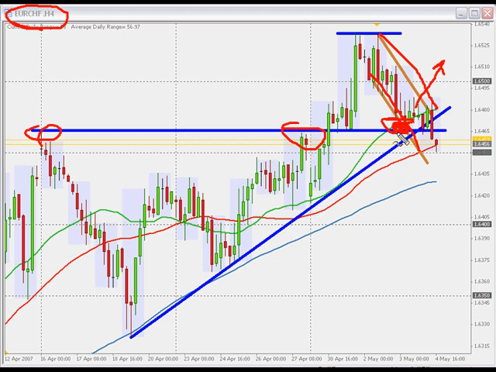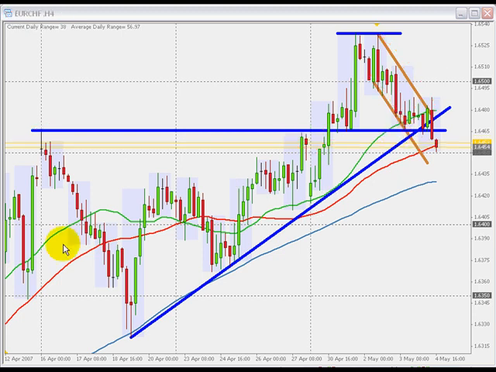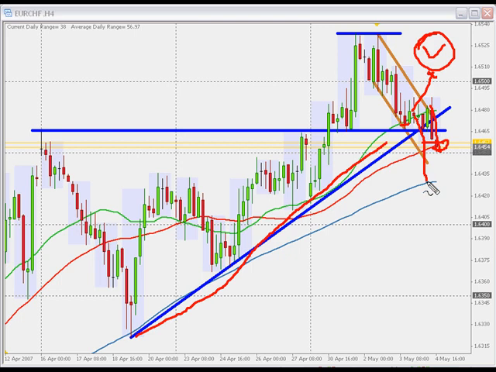Also, there was the 61% Fibonacci around there, and the uptrend as well. But this area hasn't held, and we've broken below. So since my trade plan was to go long on this scenario, but instead we've had a breakout to the downside, well, I'm afraid I'll have to pass on this trade.